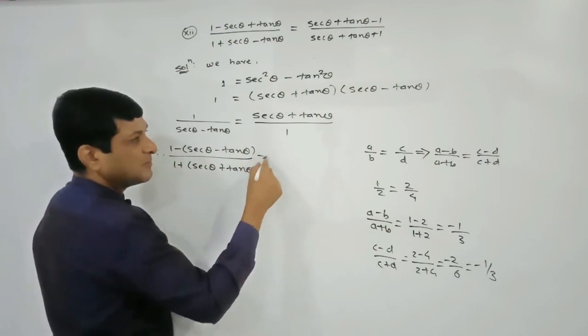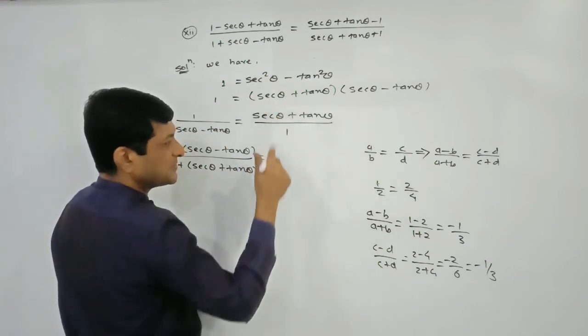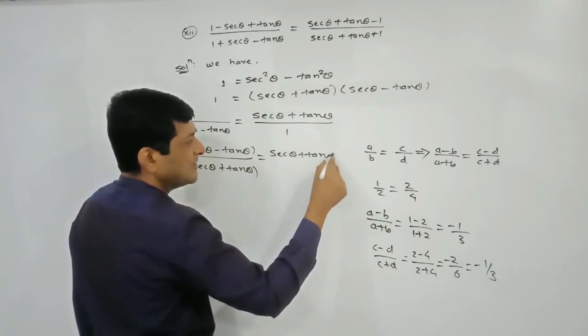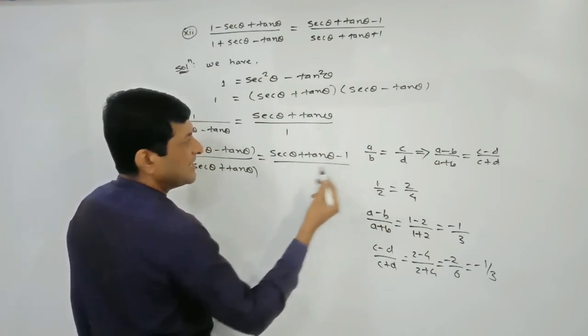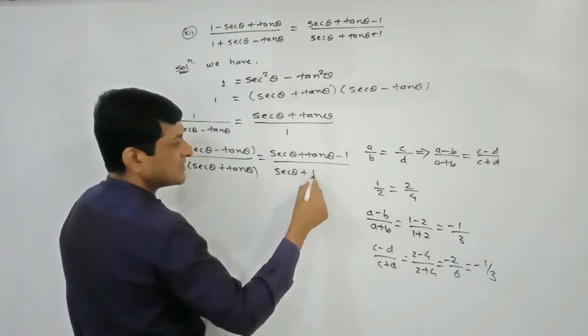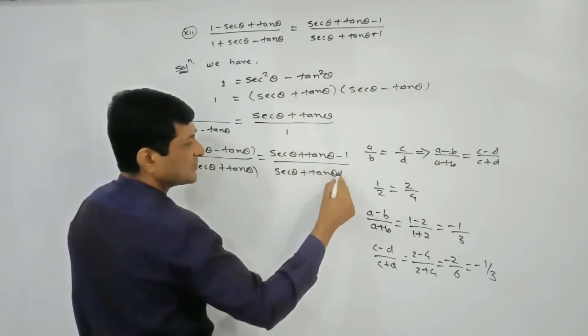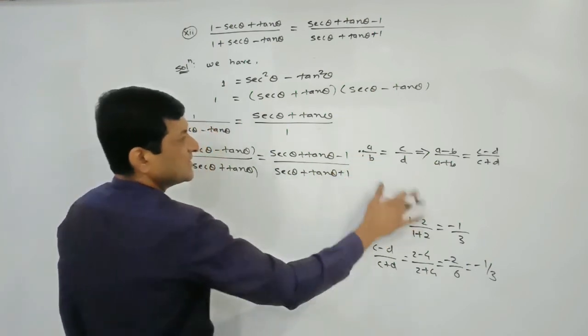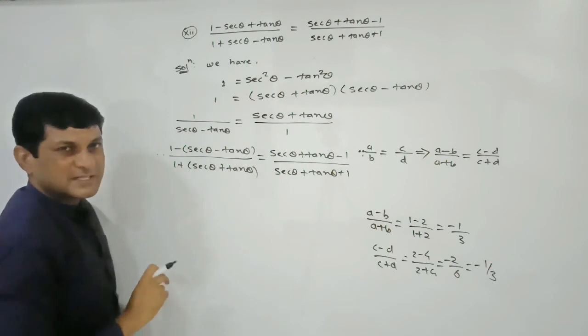And on this side, what will we get? C minus D, the subtraction of these two terms: sec theta plus tan theta minus 1, divided by C plus D, that is sec theta plus tan theta plus 1. This is nothing but the reason for it. So applying this result, we have got this expression.